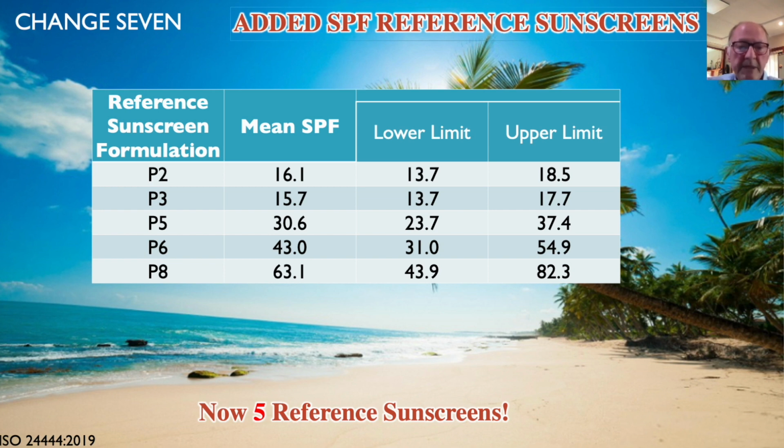So you can see from this chart, they're applied to a different expected SPF of the product that's being tested. So if you're running a very high SPF, say SPF 50 plus, then you use P8 as your reference sunscreen. And that way it's trying to, again, certify the reliability of the results.